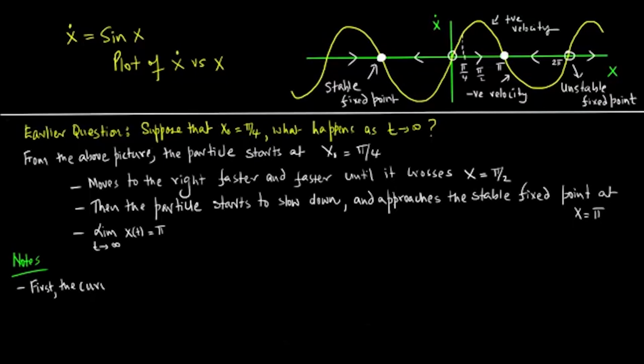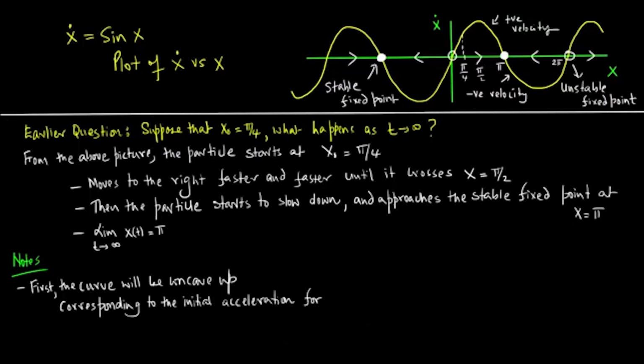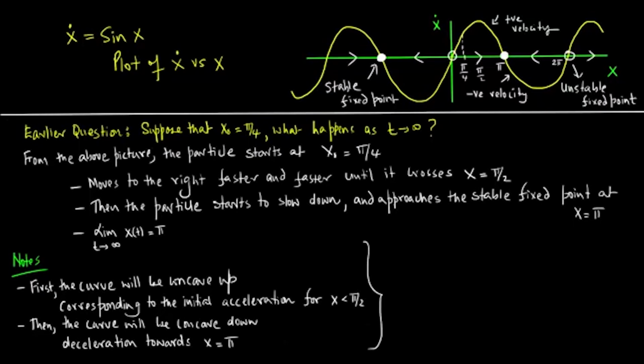Here are some notes. First, the curve will be concave up, corresponding to the initial acceleration for x less than pi on 2. Then the curve will be concave down, highlighting deceleration towards x is equal to pi. Now let's go ahead and plot x versus t.